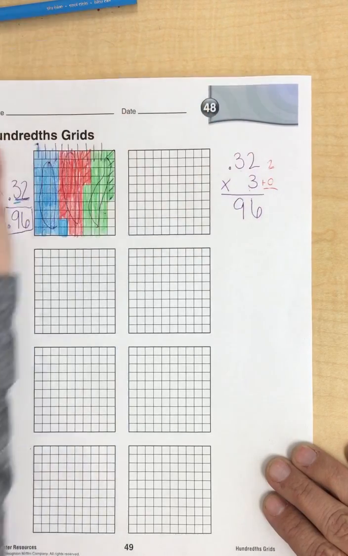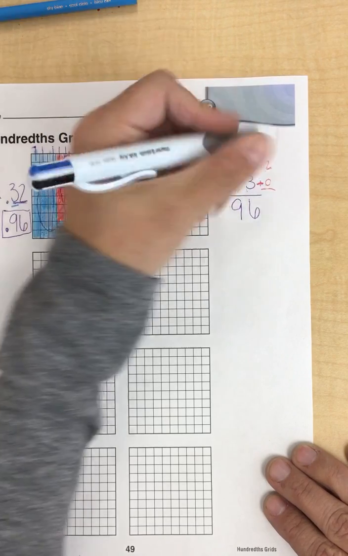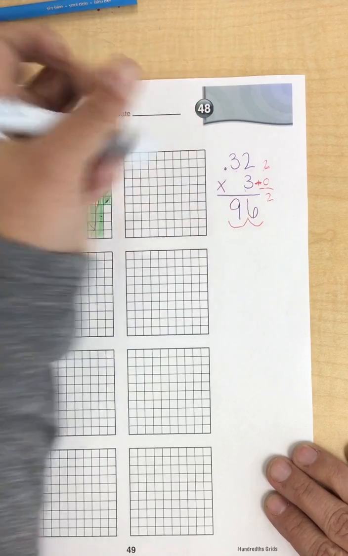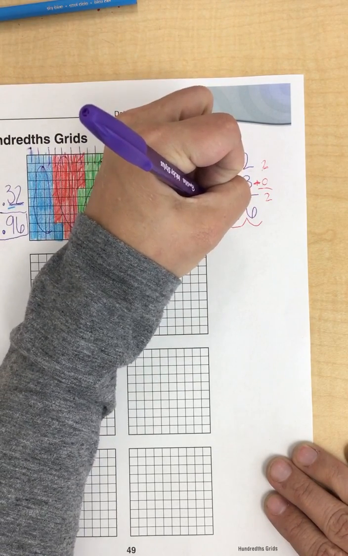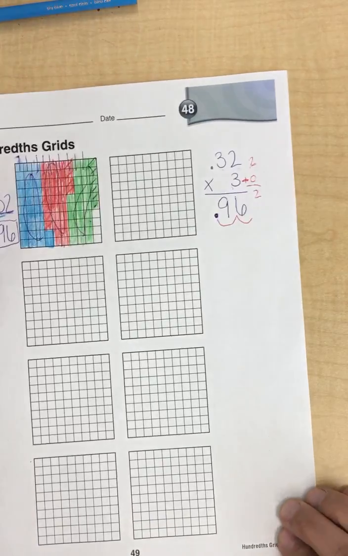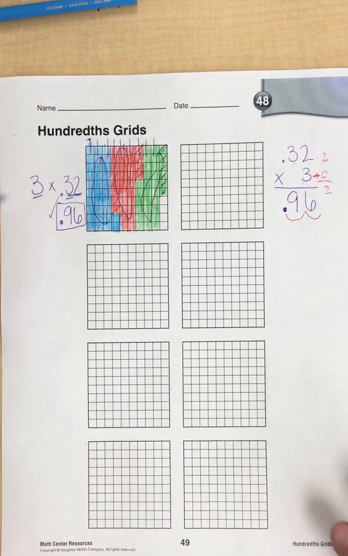I don't have a decimal on the bottom. So I want to add those 2 numbers up. 2 plus 0 is 2. So I need to move my decimal place over 2 times. So my answer, my product, will be 96 hundredths. And I look over here and I have matched it. So this problem is correct. My model is correct.